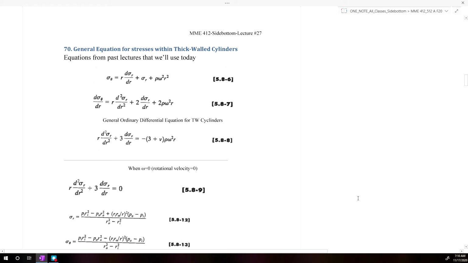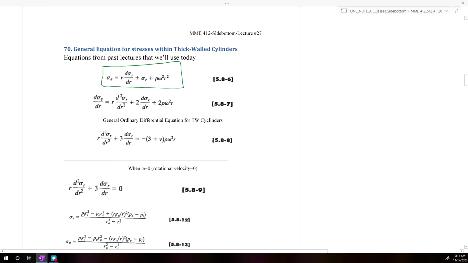In the last lecture, I think it was lecture 23 or so, we talked about the general equation for stress within a thick-walled cylinder, and we developed this relationship between our tangential stress and our radial stress using this differential equation.